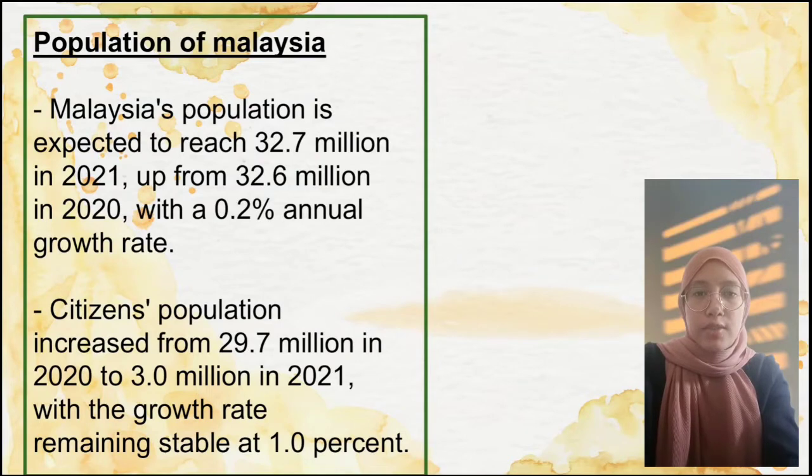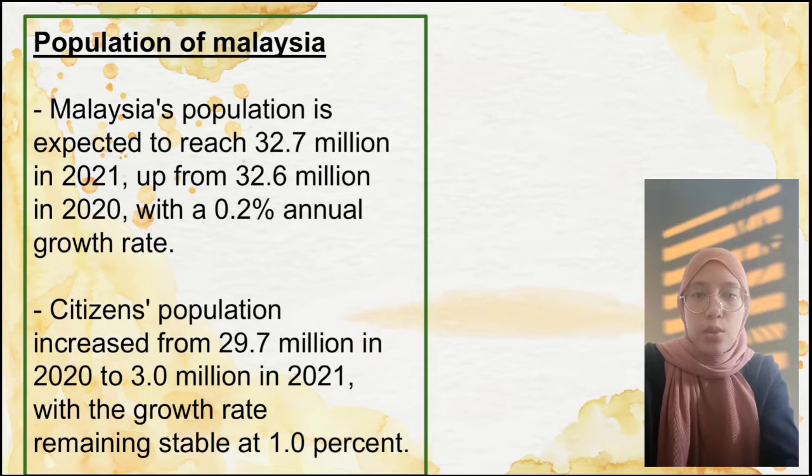Population in Malaysia. Malaysia's population is expected to reach 32.7 million in 2021, up from 32.6 million in 2020, with a 0.2% annual growth rate.